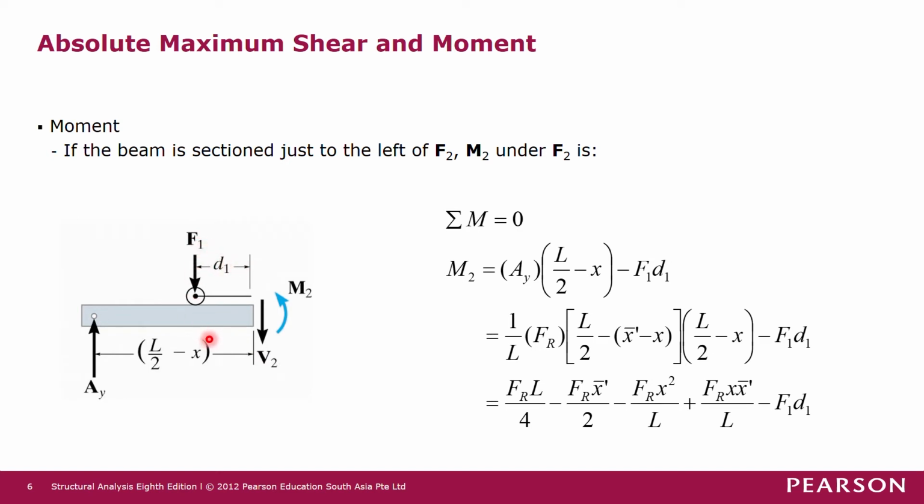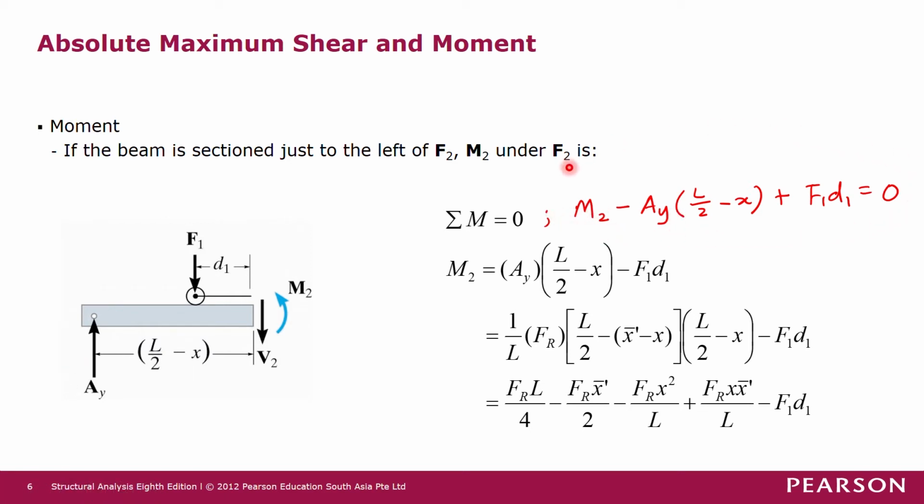If you are not familiar with how I did it, you can write total moment equals 0, and then we have M2 minus AY times L over 2 minus x plus F1 D1 equals 0.